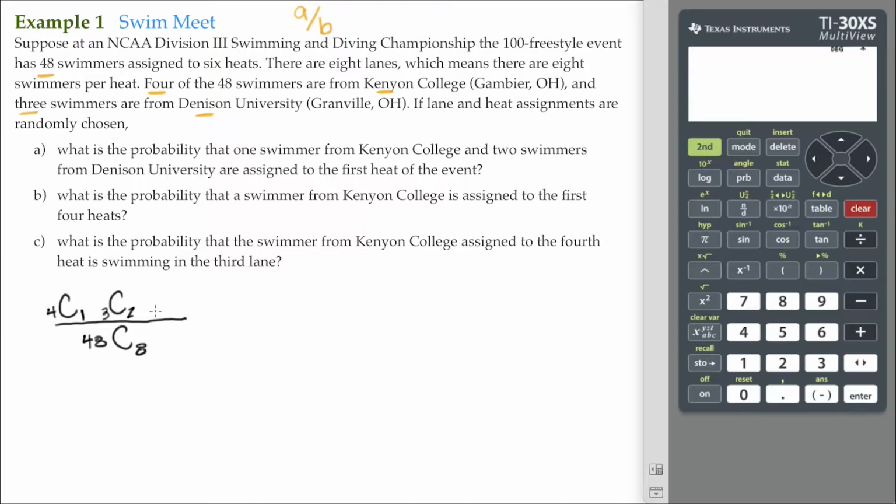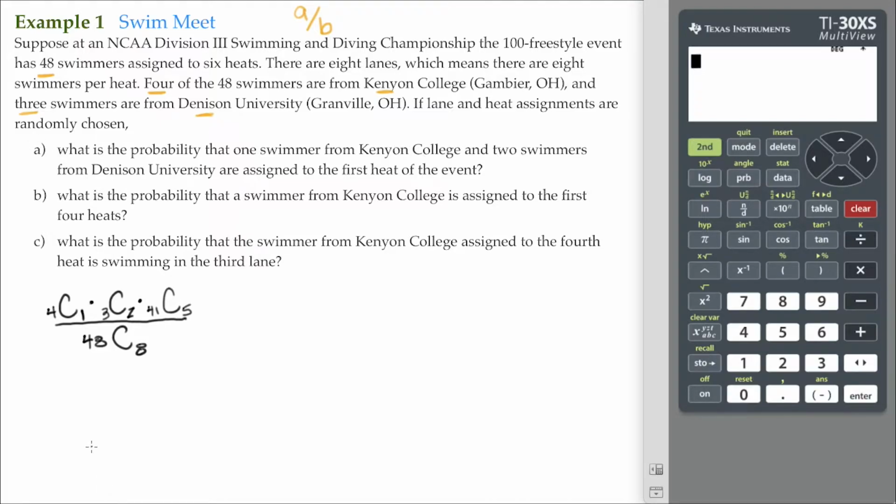So that's going to be 41 choose 5 for all the other swimmers. So since there's 4 choose 1 ways to choose a swimmer from Kenyon, 3 choose 2 ways to choose 2 swimmers from Denison, and 41 choose 5 to get everybody else, how many ways are there altogether? Well, the fundamental counting principle says we simply multiply. So this ratio right here represents the solution for A.